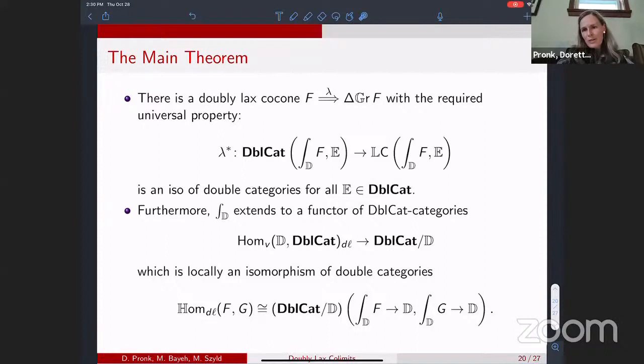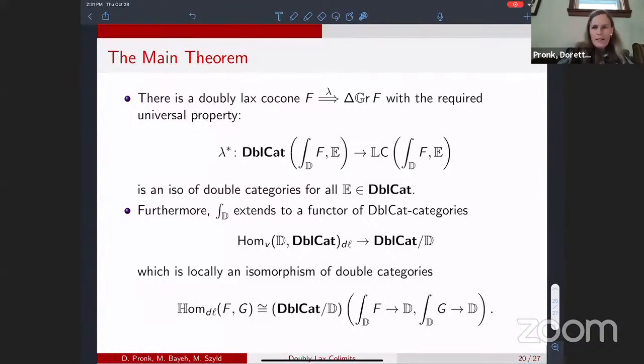And remember now, once we have doubly lax transformations as our arrows, then we can make them into the HOMs into double categories. We saw that before. So this DblCat category can then be mapped to DblCat over D, which is the Grothendieck over D with the canonical projection.